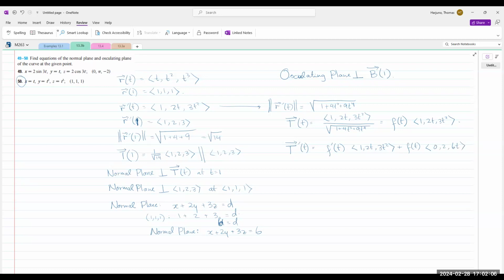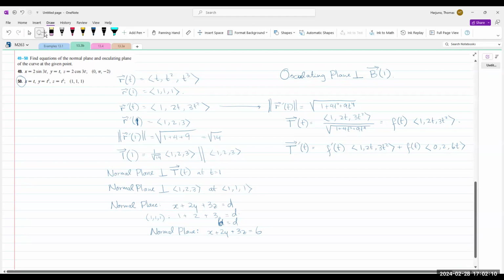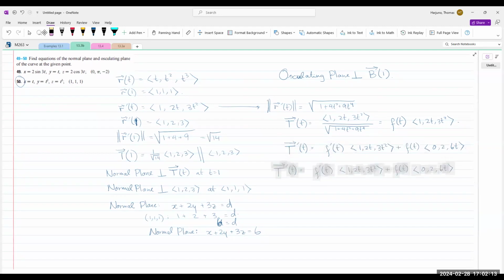Now, what is f prime t? The derivative of that function f(t) equals 1 plus 4t squared plus 9t to the 4 to the power of 1/2, so the derivative will be 1/2 of that to the power of negative 1/2 times the derivative of that thing, which is 8t plus 36t cubed.